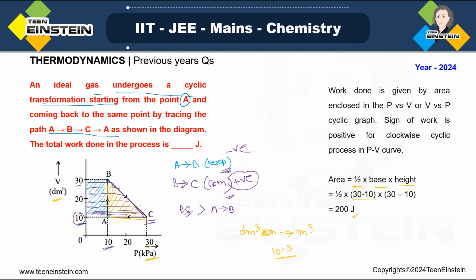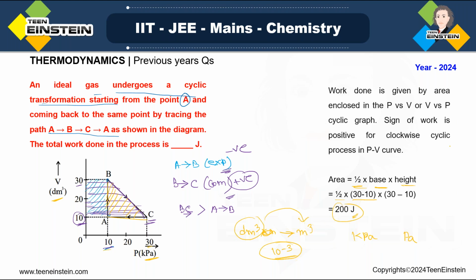As the final unit should be in joule, decimeter cube you have to convert to meter cube, and kilopascal must be converted to pascal. When you are converting dm cube to meter cube, you are multiplying by this. When you are converting kPa to Pa, you are multiplying by 10 to the power 3. So these two are cancelling each other. So the ultimate result will be this one.